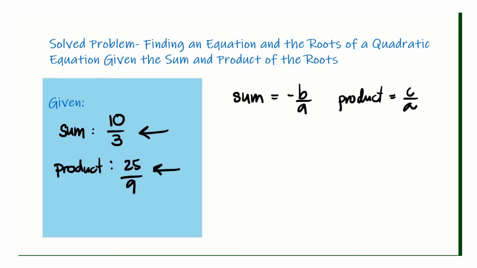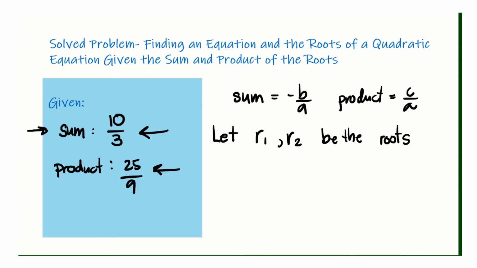Now to proceed, what we first need to do is name the roots R1 and R2. So let R1, R2 be the roots of the quadratic equation. Once we have set the roots, we follow the given information.